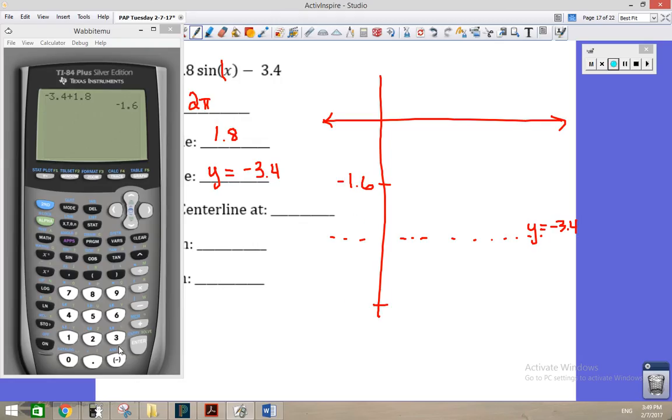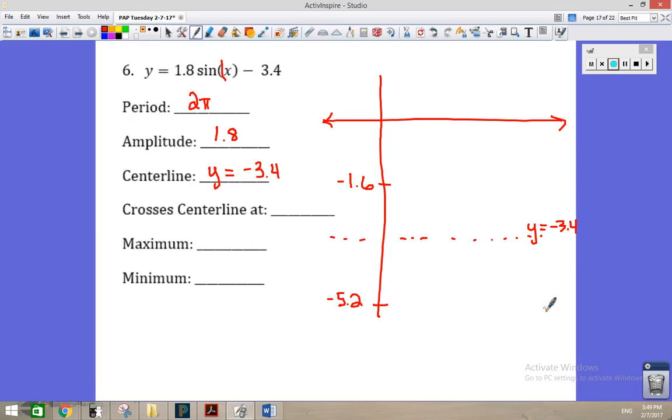If I take the negative 3.4 and I go below the center line, the magnitude of the amplitude, 1.8 units, then I'm down here at a minimum of negative 5.2. So this graph lies entirely between those two values. That's my range. My maximum was negative 1.6. My minimum is negative 5.2.